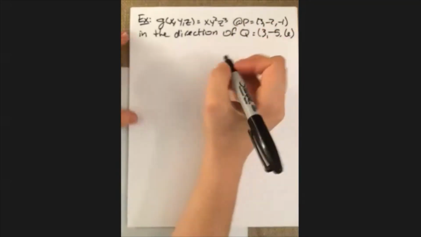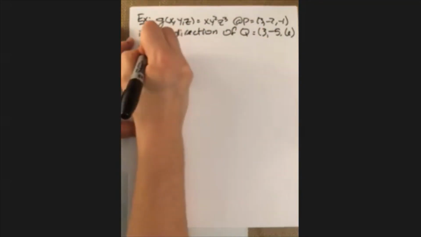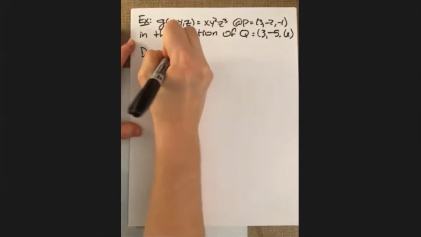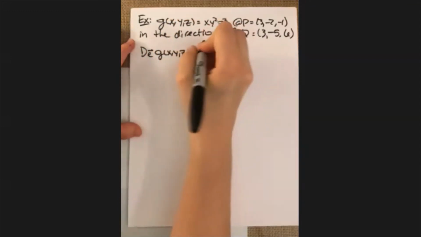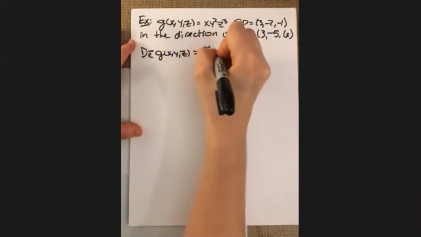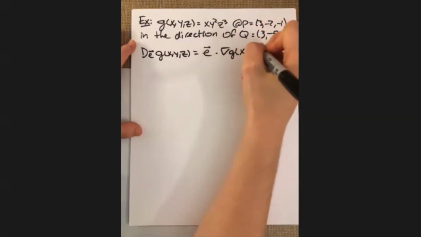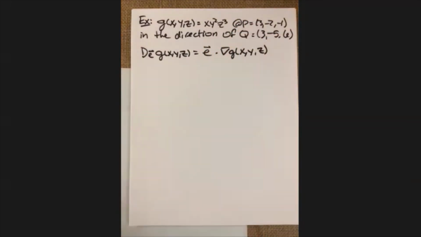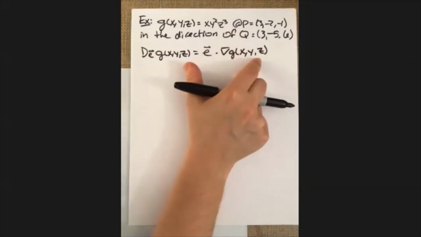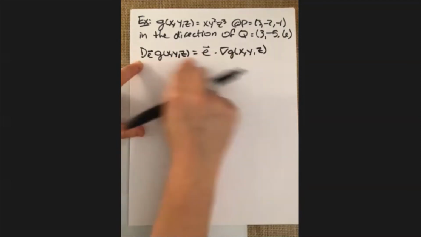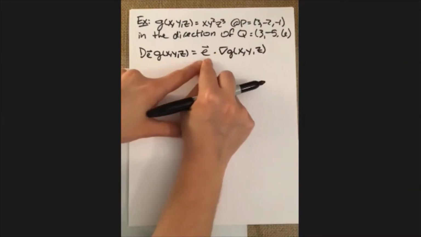So we're going to want to apply the same idea that we did last time. Start with our general equation, which is E dotted with the gradient of g(x, y, z). One thing I want to emphasize, that maybe I should have said in the last example, is that we can't just recycle what we found previously, because now our direction has changed.